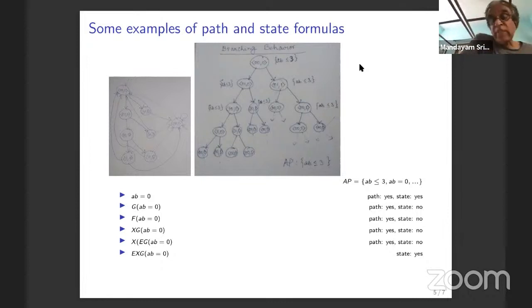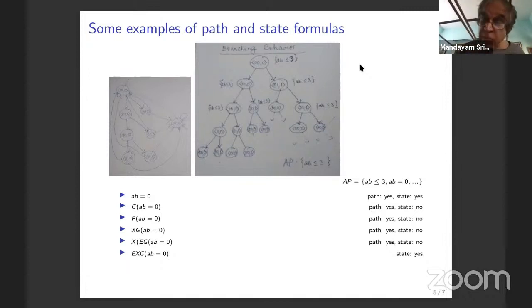Branching behavior is a combination of constraints on states, and the constraint on states is stated in terms of the kind of paths that are allowed to originate from those states.